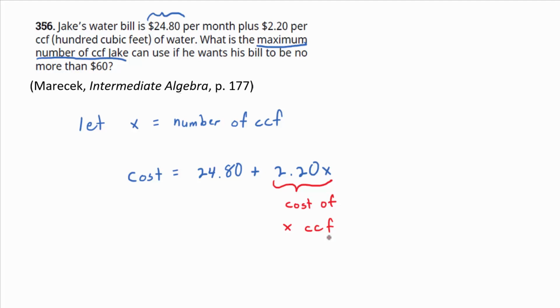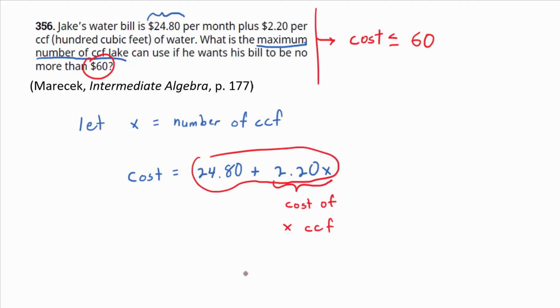So what does that cost have to be less than or equal to? The cost is less than or equal to 60. So couldn't we set this less than or equal to 60? Okay, so I'm going to turn it around and make it 2.20x plus 24.80.